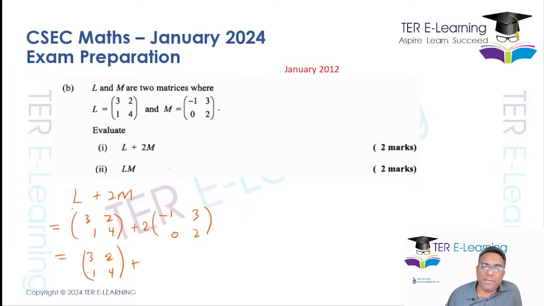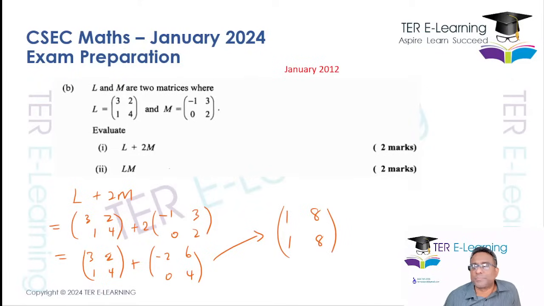This is a scalar multiplication. So this is going to be minus 2, 2 3s are 6, 0, and 4. So then this has to work out still. So this is going to be 3 plus minus 2, you're going to get 1. 6 and 2 is 8. 1 and 0 is 1. 4 and 4 is 8. Right? So that's the matrix that we're looking for here.